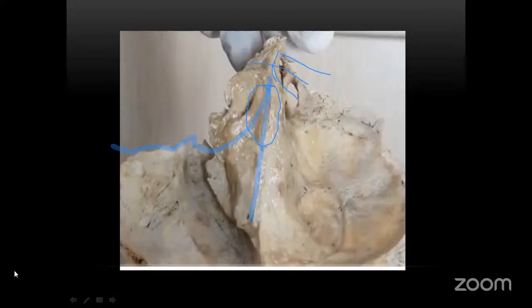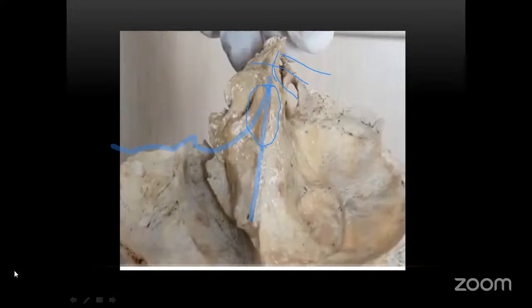Sir, is the operculum of the temporal bone visible here? What does operculum of temporal bone mean? Sir, it is written in the green book that this is the posterior extent of drilling.